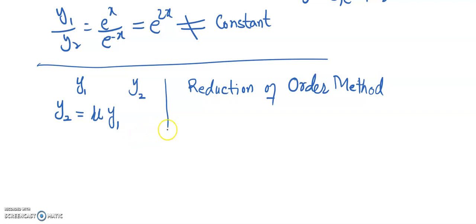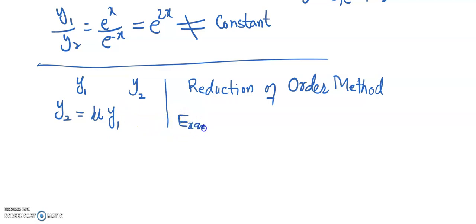This method uses this type of substitution to reduce the second order differential equation into a first order differential equation. We know the method to solve a first order equation, and then we can find the second solution.